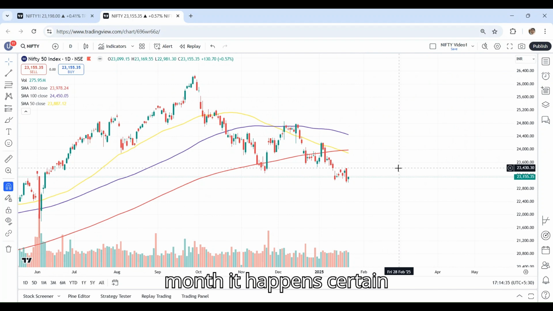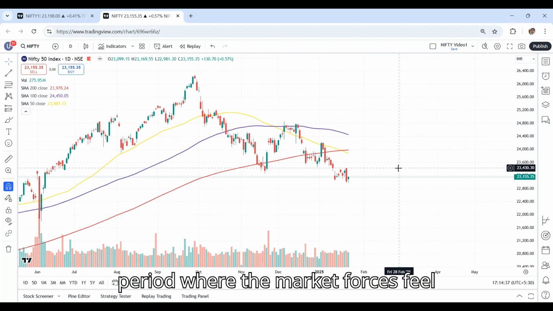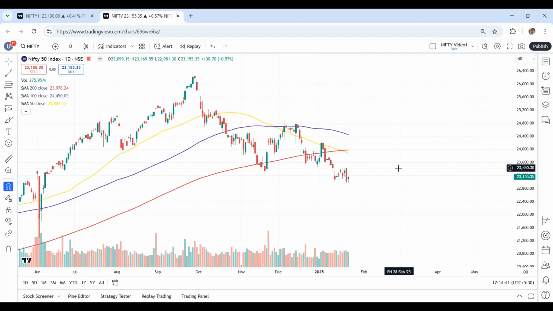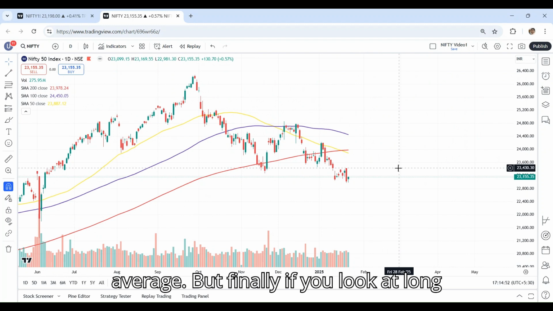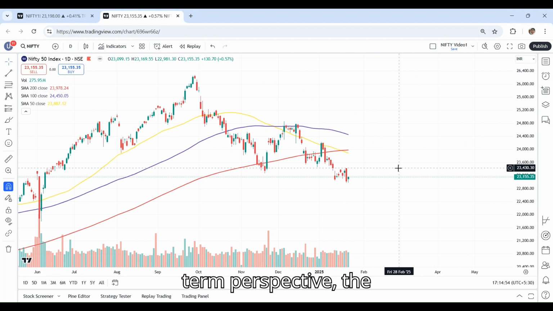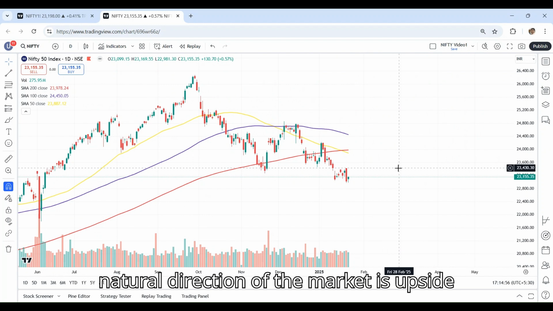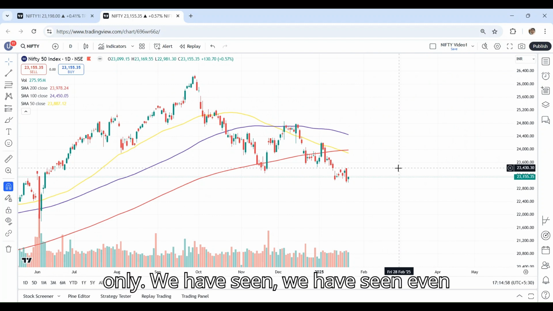In certain periods the market forces feel that a correction is required, so the market tries to go below the 200-day moving average. But finally, if you look at it from a long-term perspective, the natural direction of the market is upside only.